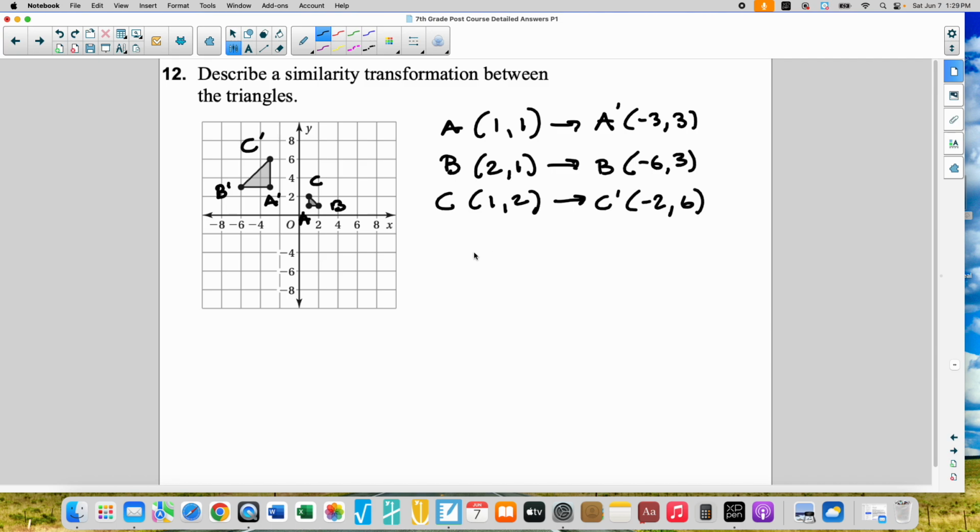So it's definitely a dilation of 3. But we also have to reflect it over the y-axis. Yeah, a dilation of 3 and reflect over the y-axis.